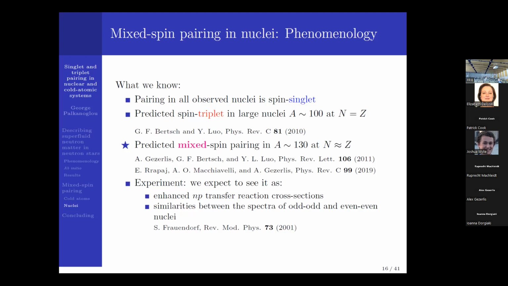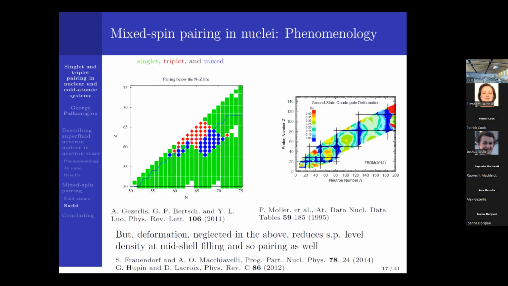Let me just show exactly the region that was predicted. This is exactly the region that was predicted, where here we're changing the color coding a little bit. We have green for the singlet, blue for the mixed spin, and red for the triplet. However, this is a region that we know has non-negligible deformation.